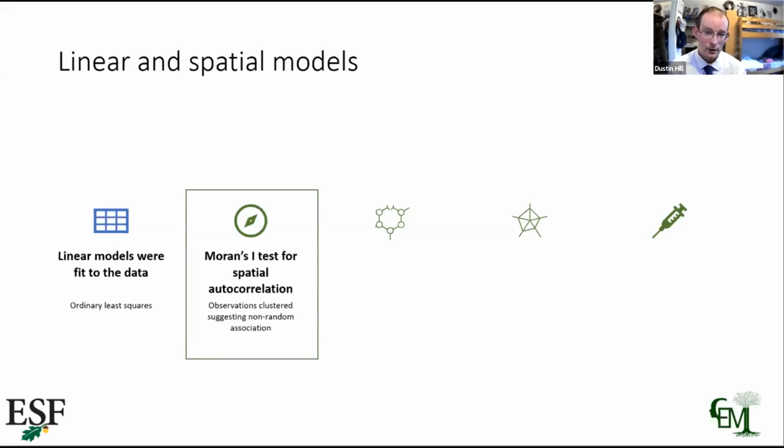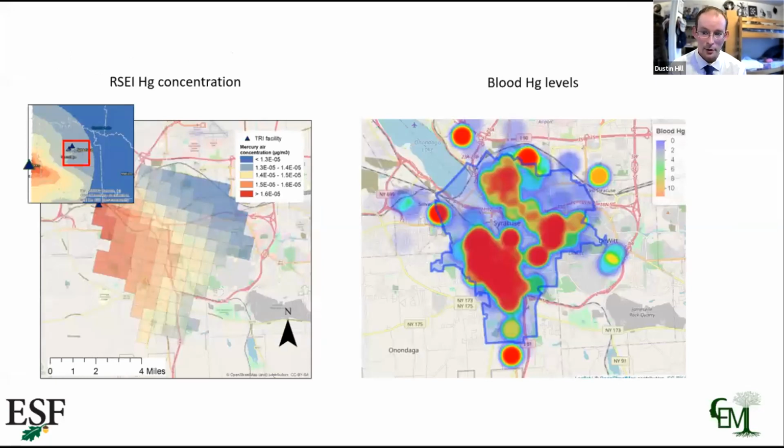And when we look at the data, we see that blood mercury levels do appear to have spatial clustering, where we have higher values cluster with other nearby participants who also have higher values of blood mercury. And these observed blood mercury values appear to correlate fairly well visually and spatially with the distribution of the RISI grid values for the city of Syracuse, where we have higher RISI estimates.